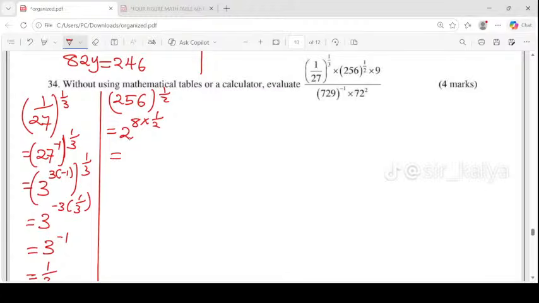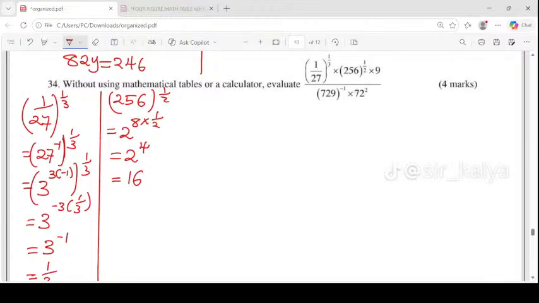So 8 times half is 4. So this is like saying 2 power 4, which is 16. So 256 power half is evaluating to 16.